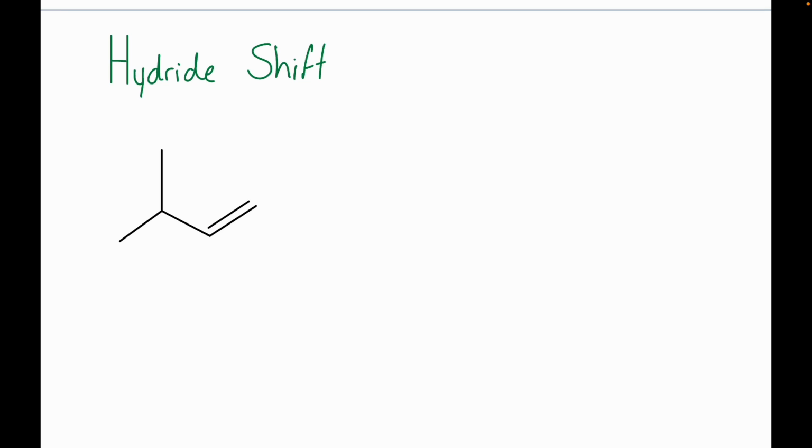So let's take this alkene here. We mix this with HCl. This is the reaction that we just looked at. We would predict our product to have the halogen on the more substituted carbon from my alkene.